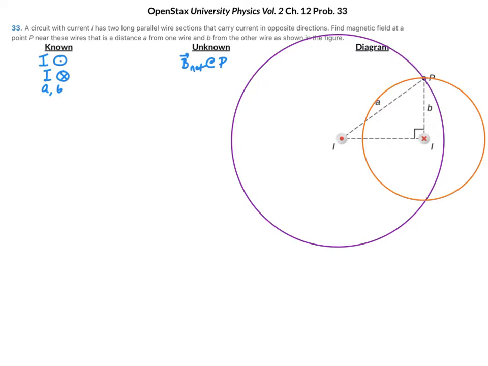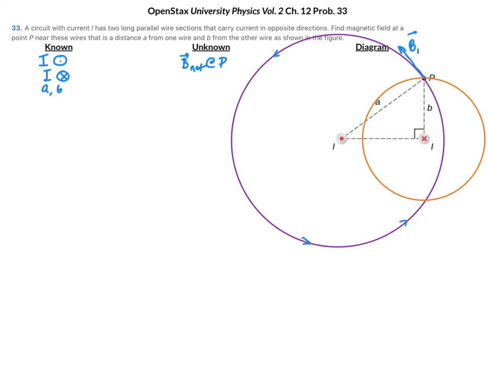That means that at point P, the magnetic field will be tangential to the circle and pointing in that direction. I'll call this B1.